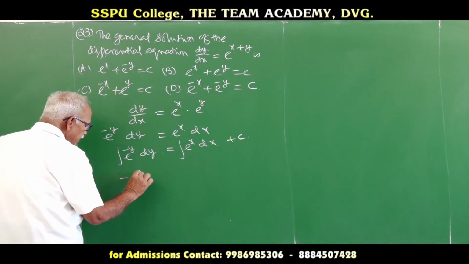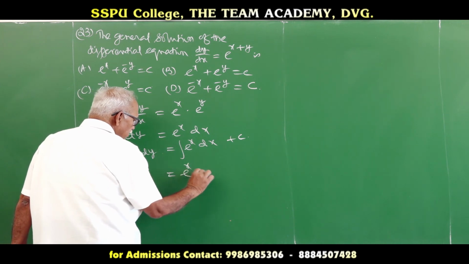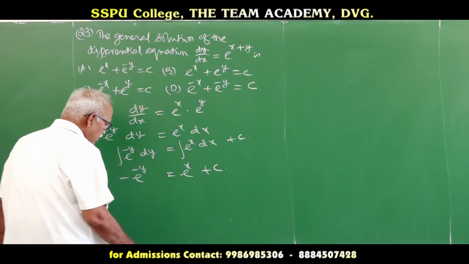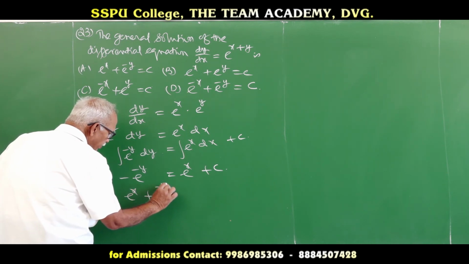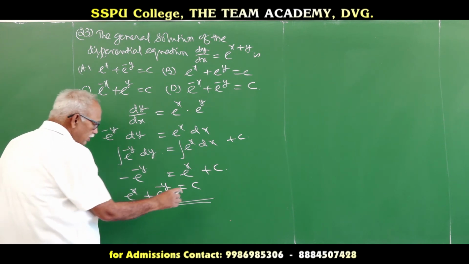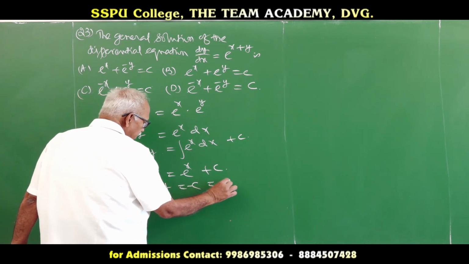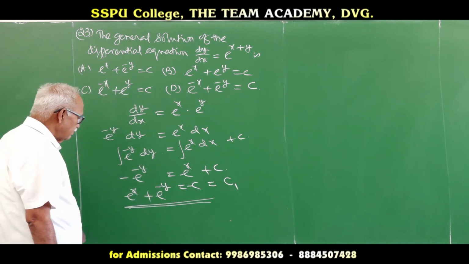So this is minus e power minus y is equal to e power x plus c. So this we can take as e power x plus e power minus y is equal to constant. So you will get minus c, we can take it as another constant c1. So what is the value now?